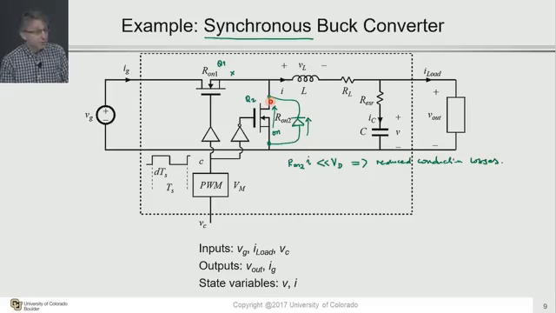We don't like that diode to conduct because it has a large forward voltage drop. Instead, we bypass that PN junction diode that's built into the MOSFET structure itself by turning on the MOSFET channel and conducting current through the channel of the MOSFET with a voltage drop much smaller than the forward voltage drop of what would be the drop across the body diode.